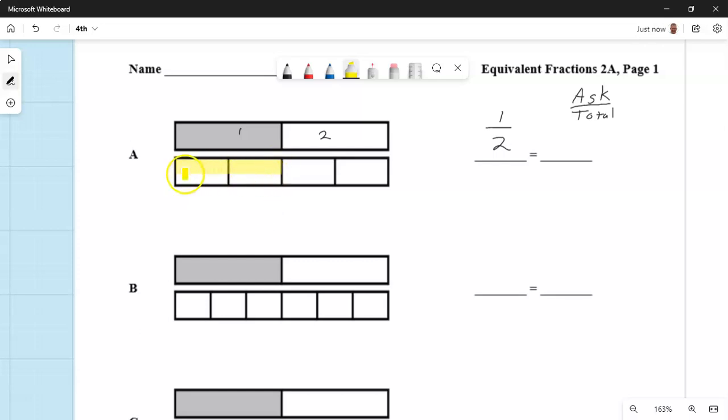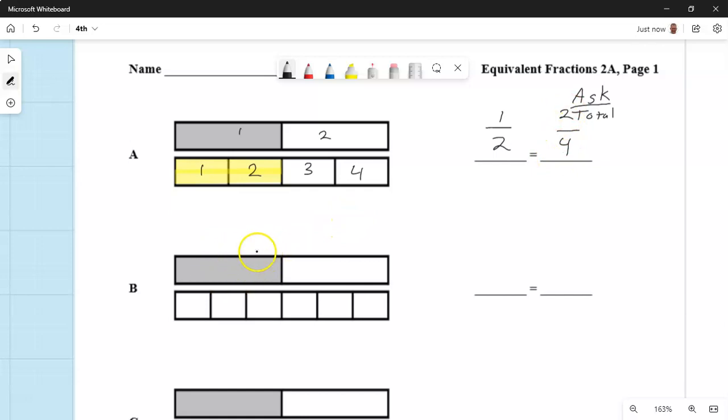To make it the same amount, I end up shading two parts of that one. So my numerator is going to be a 2, and there are 4 total parts, so my denominator is going to be 4. So in this case, 1/2 is equivalent to 2/4.